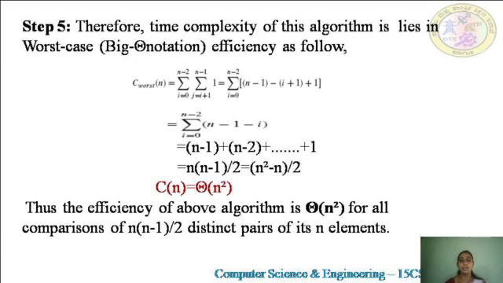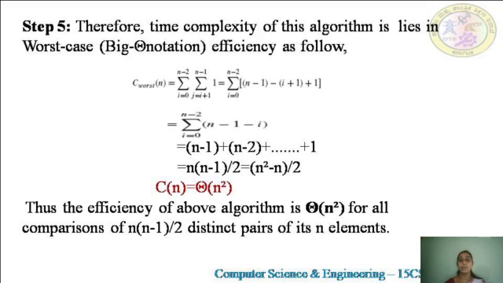By reducing the outer sigma, we get n minus 1 plus n minus 2 plus n minus 3, and so on till 1, which can be reduced as n into n minus 1 divided by 2 by using the standard formulas, which is equal to n square minus n divided by 2.